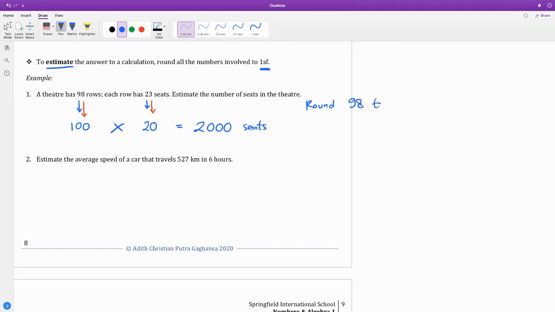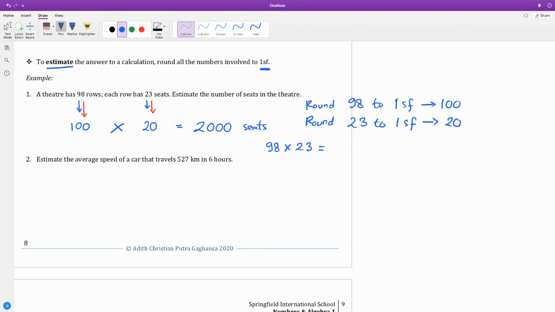So remember, round 98 to 1 significant figure, it becomes 100. And then round 23 to 1 significant figure, it becomes 20. Then we multiply. The exact answer should be 98 times 23.